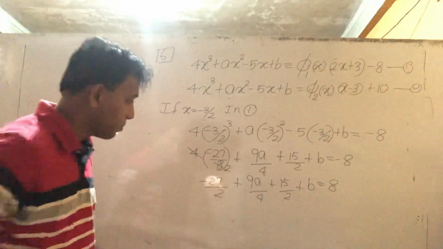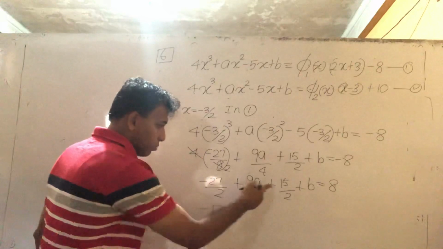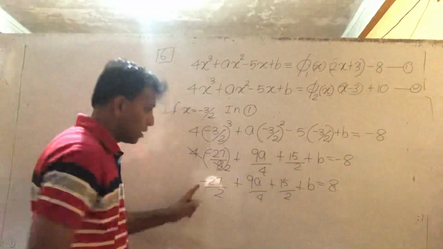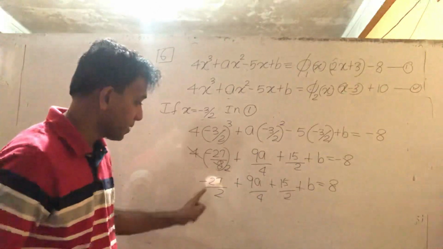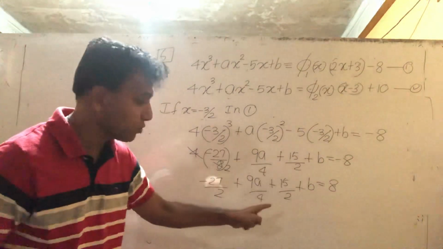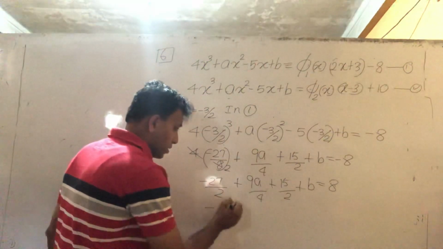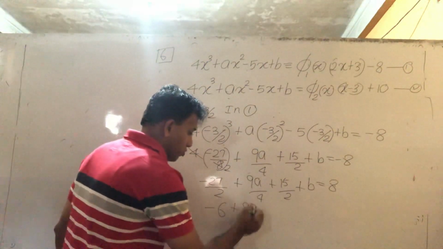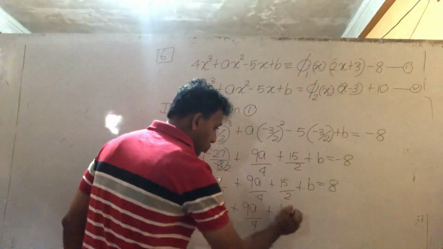Minus 27 plus 15 is minus 12, divided by 2 is minus 6. Therefore minus 6 plus 9a over 4 plus b equals minus 8.